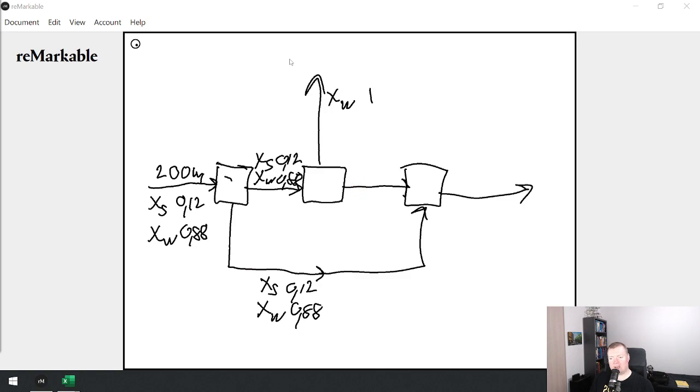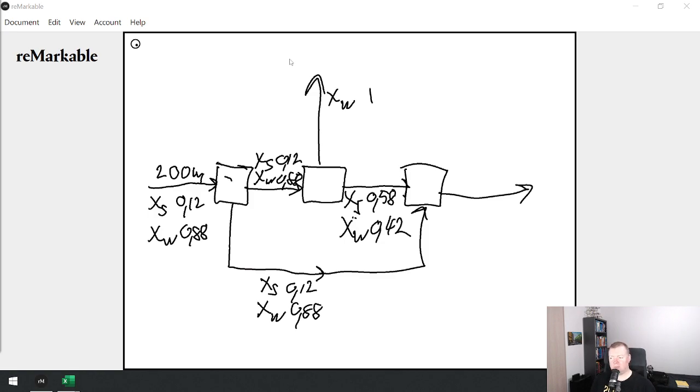For my extract over here, I'm being told in the assignment that the percentage of solids in this stream is 58%. That leaves me with a composition of water of 42%.